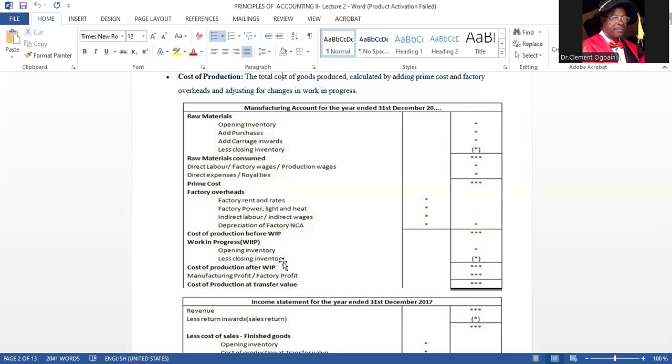So the addition of prime cost and factory overhead is what gives us our cost of production. If there was any work in progress at the beginning, you add it to the cost of goods produced. Then you less the closing stock of work in progress. This will now give us the cost of goods produced.